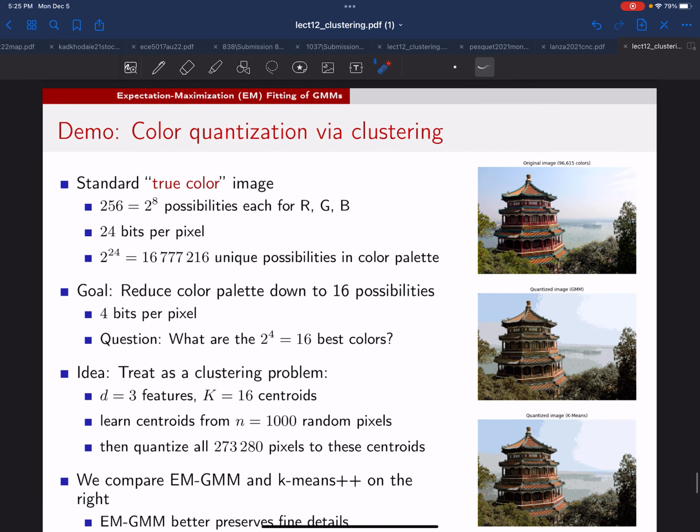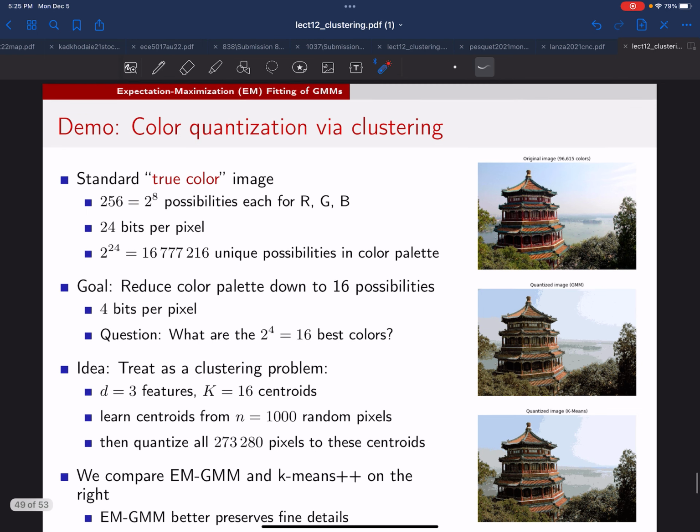Okay, so let's look at an interesting application of this to color quantization. So we're going to start with this image here. This is a standard, what they call true color image. This image has red, green, and blue panes. So you could say that this is like a sum of a red brightness image, a green brightness image, and a blue brightness image. Each of those 3 sub-images have 8 bits per pixel.